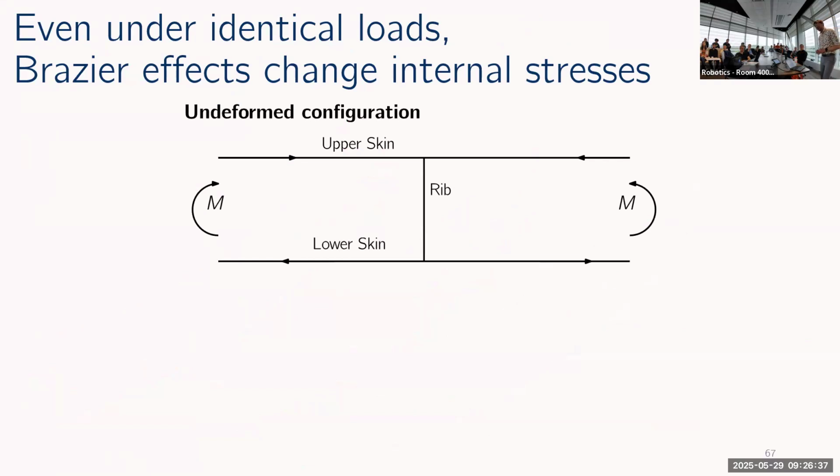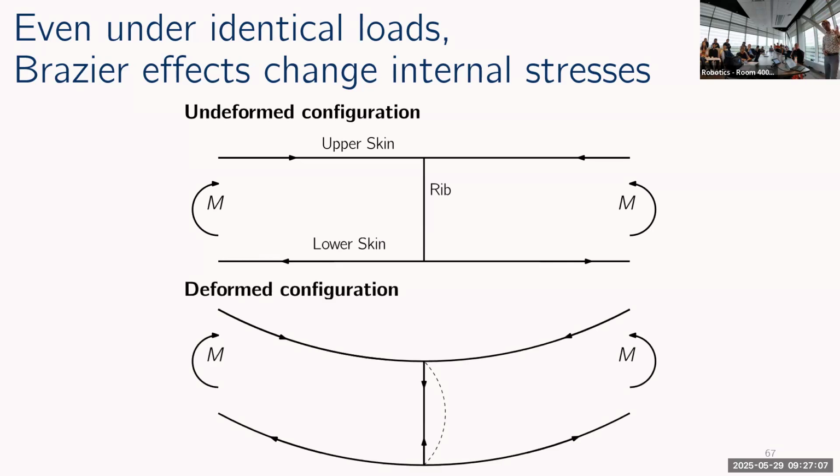You can imagine any engineer who's taken a structural mechanics class will tell you, if I take a beam like this wing and I put it under some bending moment, then I get compressive stresses in the upper skin and tensile stresses in the lower skin. And this rib that connects the upper and lower skins is just sitting here totally unaffected by these loads.